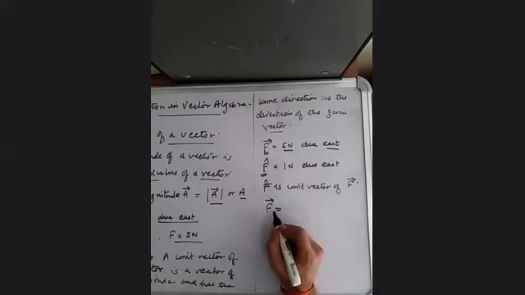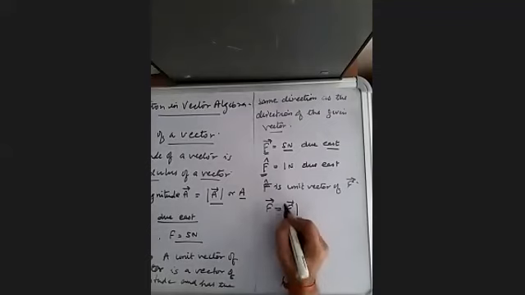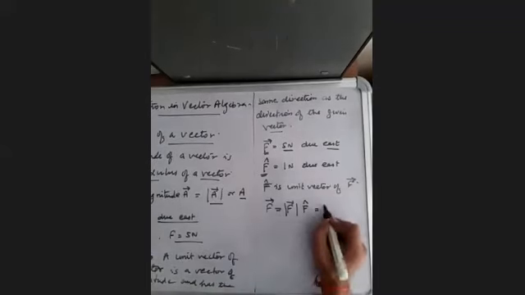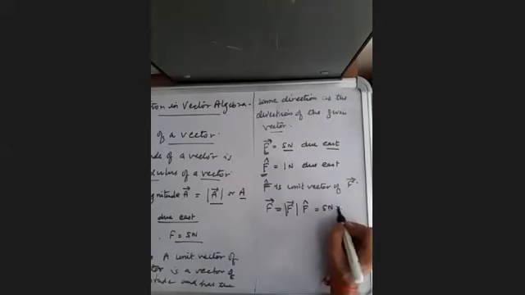For example, how will we write the F vector? Magnitude of F, that is 5 Newton, and F cap, that is the direction, is due east. This is 5 Newton multiplied by 1 and due east. So you will get the vector back, 5 Newton due east.